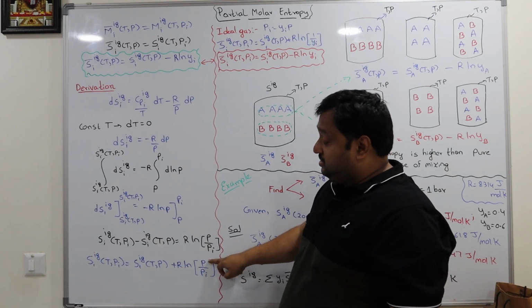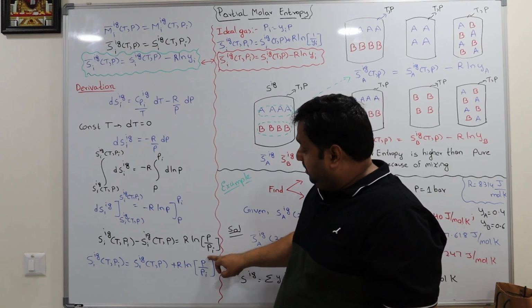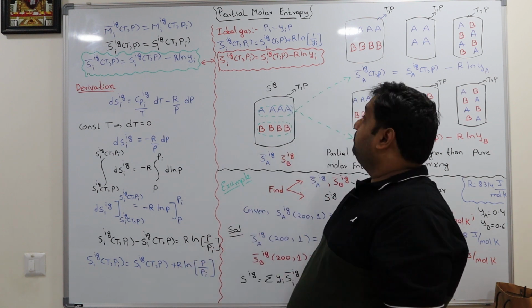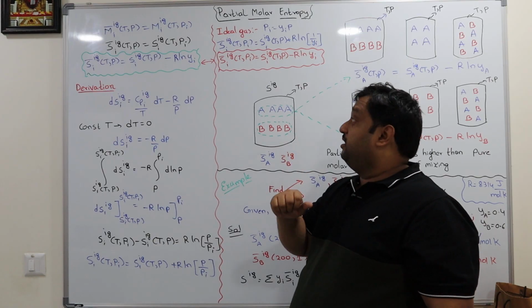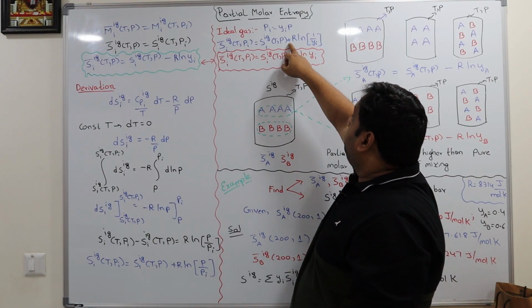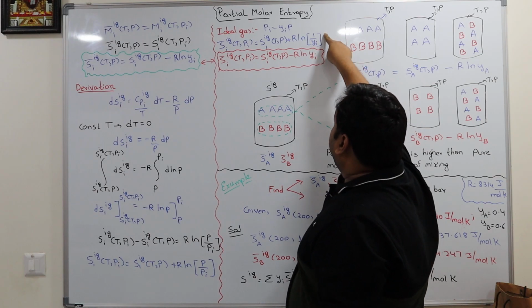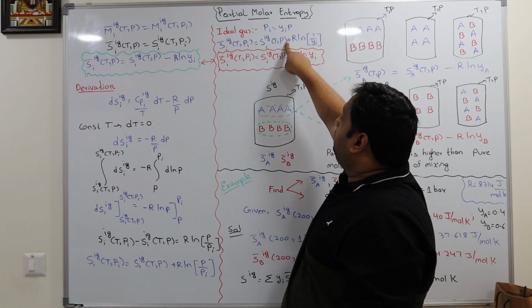If Yi comes to the numerator, the minus goes in front because of the inverse of the logarithm, then plus R ln 1 by Yi becomes minus R ln Yi.